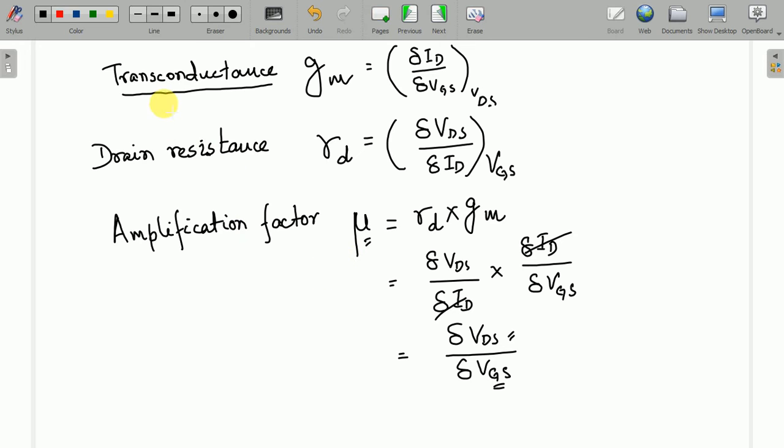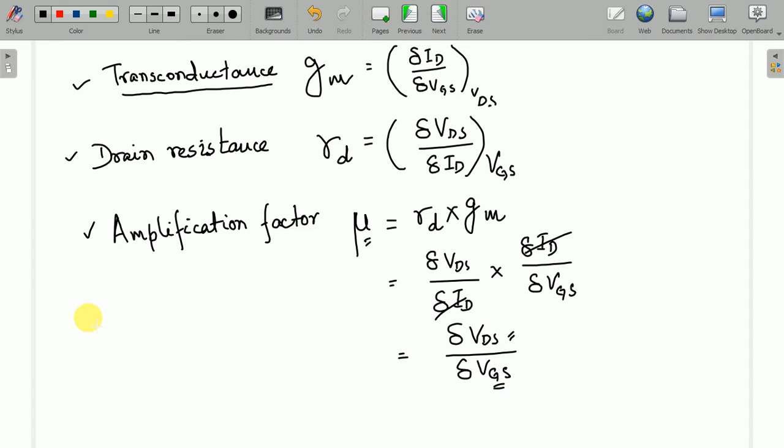So we have three important parameters for a FET. One is transconductance, the second is drain resistance, and the third is amplification factor. This mu is equal to RD into GM, and if we substitute the values, that value gives VDS by VGS.